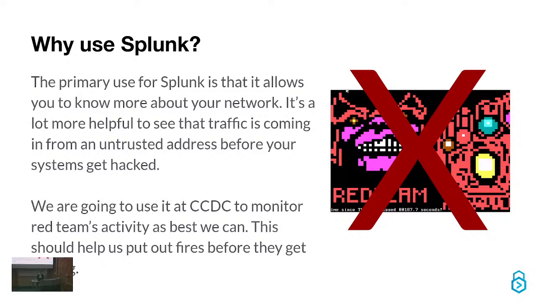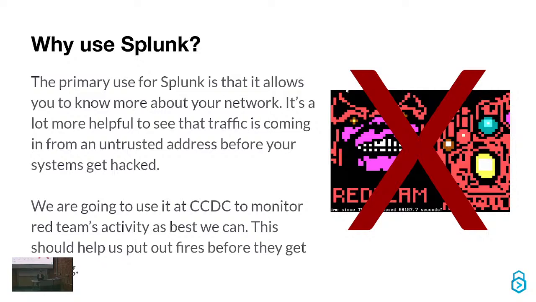The primary use for Splunk, as I was saying before, is that it allows you to know more about your network and your systems. It's very useful to see who's connecting to what. If you have a client box that shouldn't be getting any traffic from the internet and there's a bunch of traffic going to it, that's not good. Splunk lets you know that something's up.